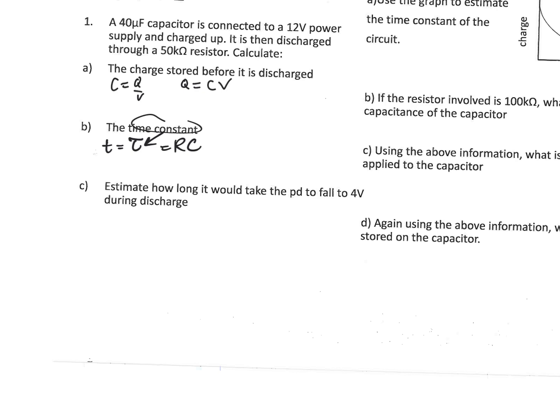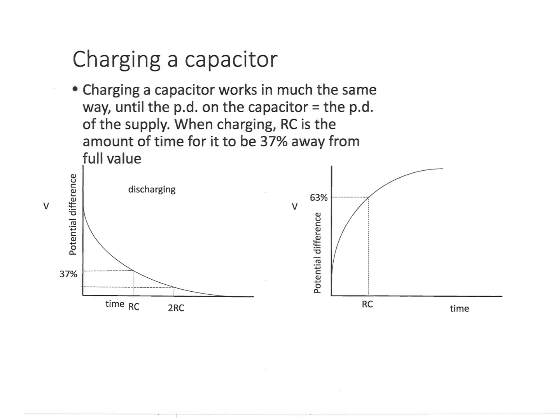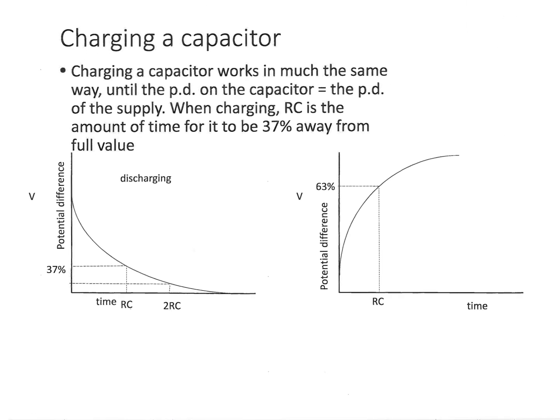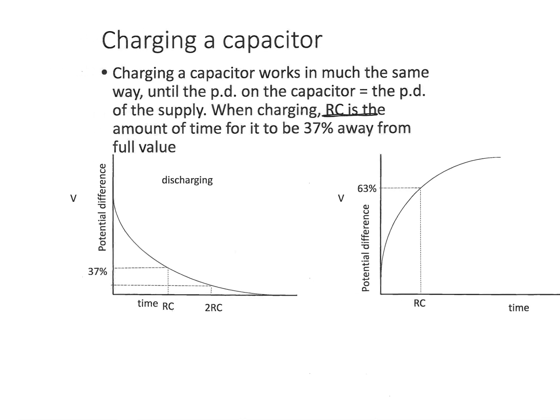Let me see. Do I have it on here? Charging capacitor? Yeah, right here. If we are charging a capacitor, tau is the amount of time it takes for it to be 37% away from full value.